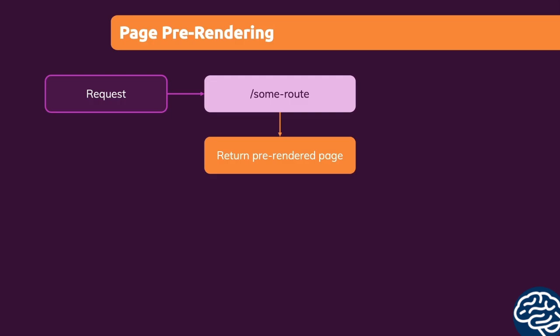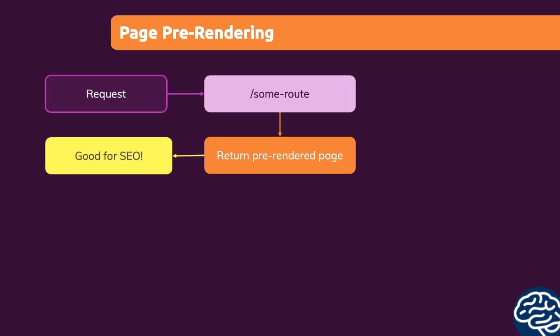It loads that in advance and then pre-generates the finished HTML page so that it's this finished, fully populated HTML page which can be sent back to the client, so to the visitor. So that's great for SEO.